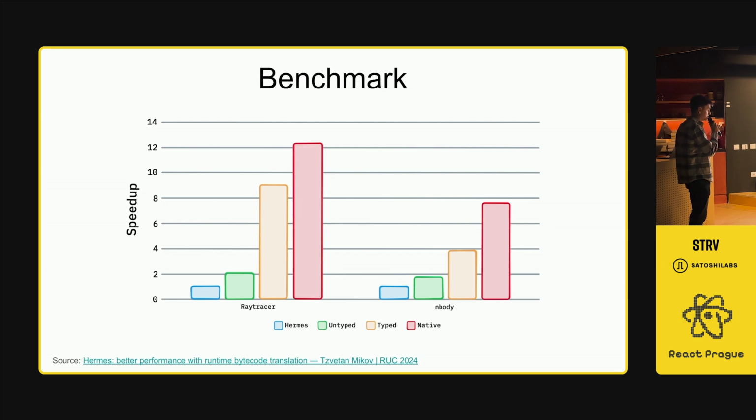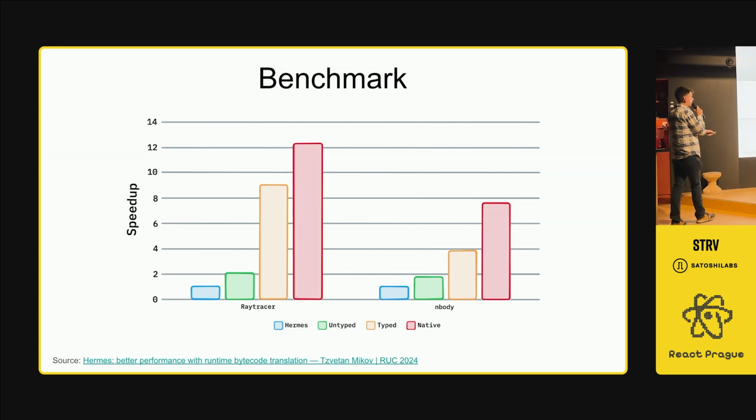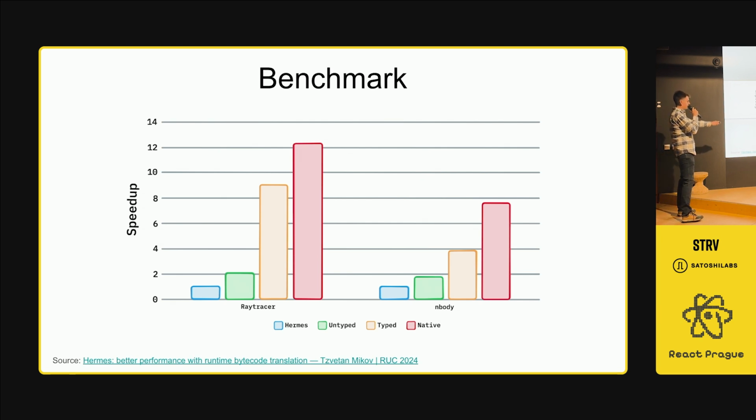There is also a benchmark from the last talk from Svetan. You can see normal Hermes that we use today as a baseline is 1. Then we have untyped Static Hermes, which is basically that simple JIT that I showed you enabled, is 2 times faster than the baseline.